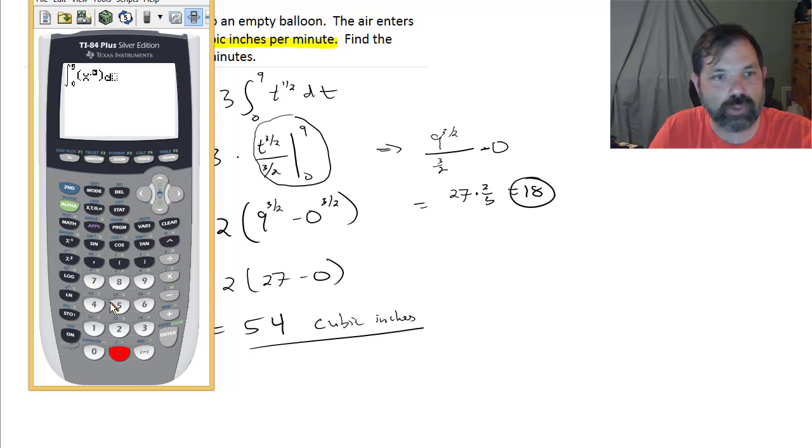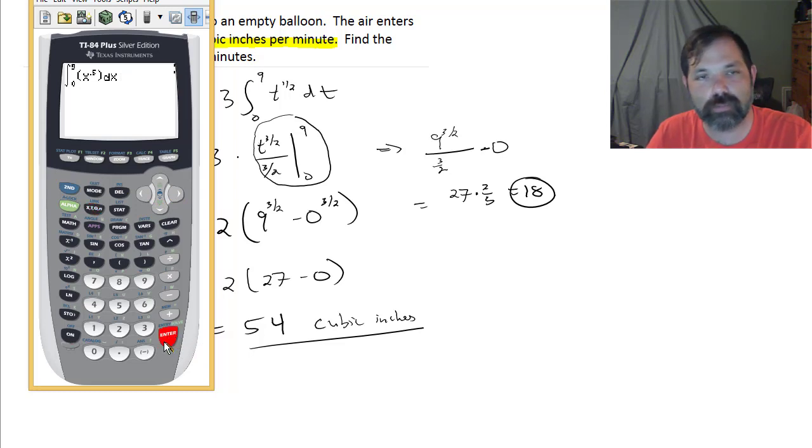I'll just use a 0.5 instead of 1/2, dx. And that gives us back the 18 as well. Now, if you have a different calculator, you will have a different syntax. You'll have a different way to type this in.